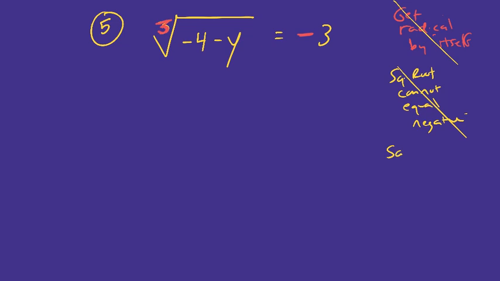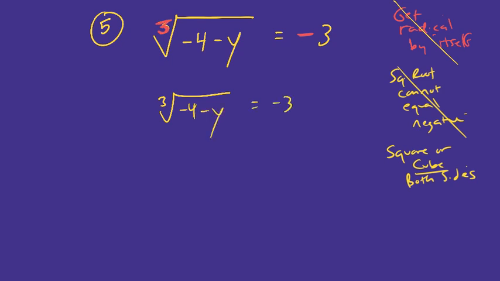And getting the radical by itself, we didn't have to do. And then at this point, we're going to square or cube both sides. So in this case, so far we've been squaring both sides, but since it's a cube root, we're going to cube both sides. So I'm going to rewrite this. And we're going to cube the left and cube the right.